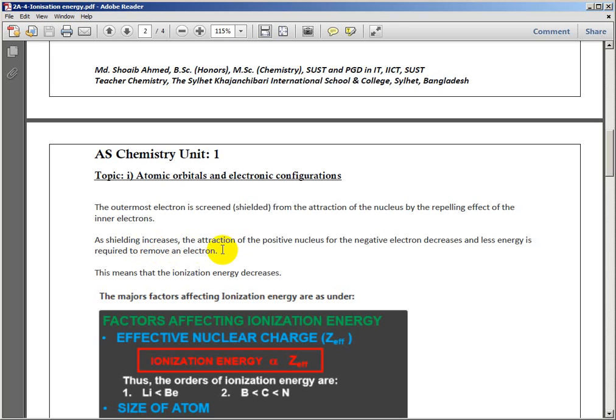So that means ionization energy decreases down a group.